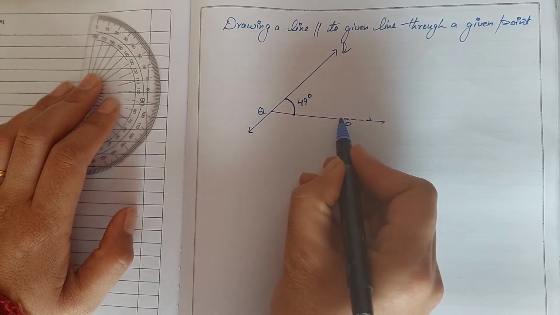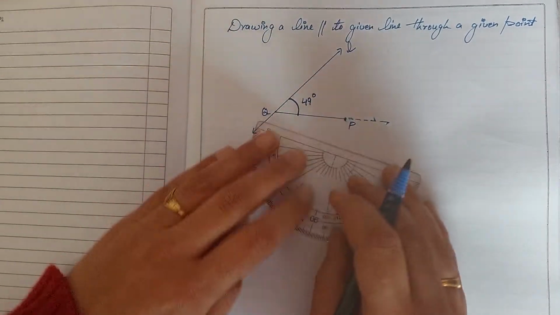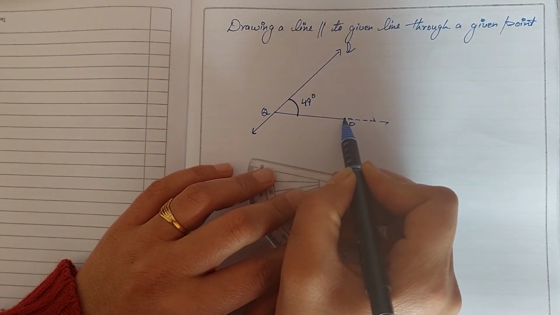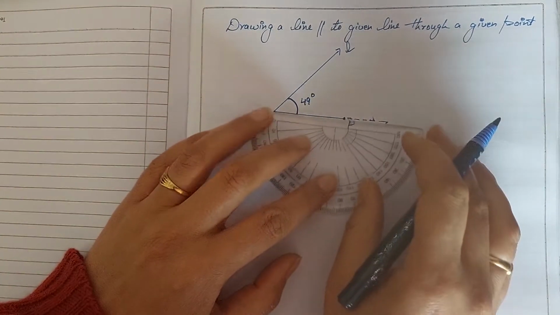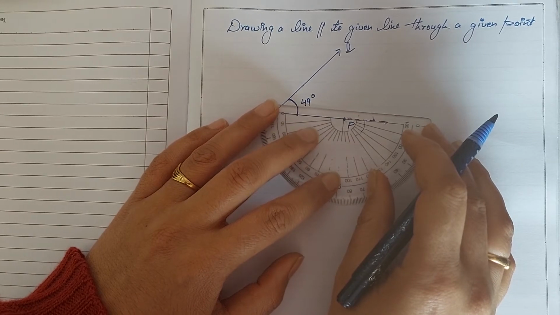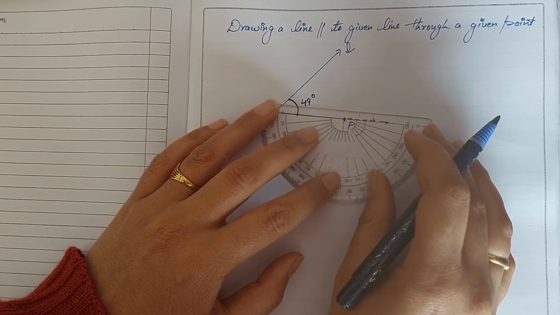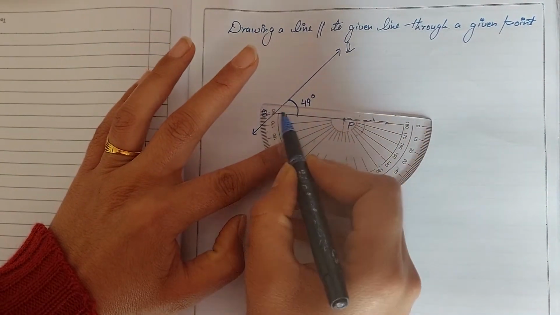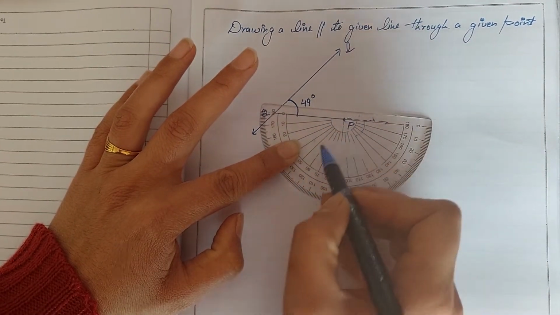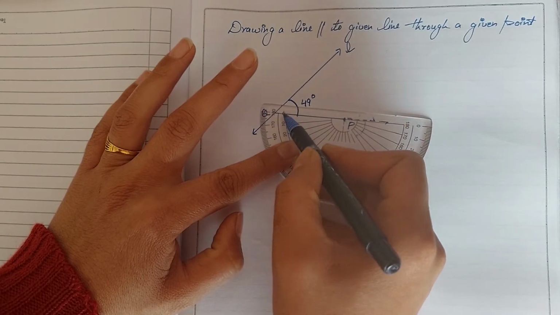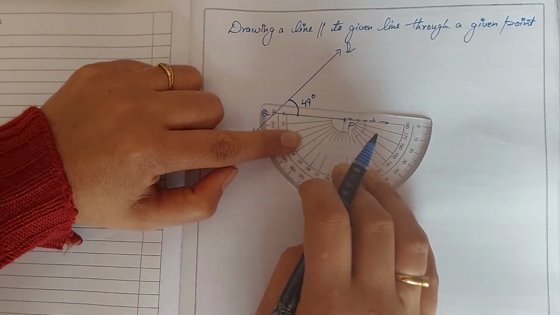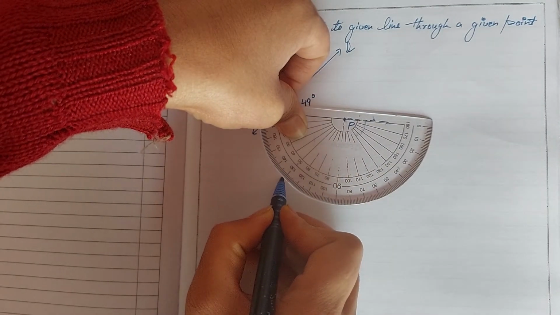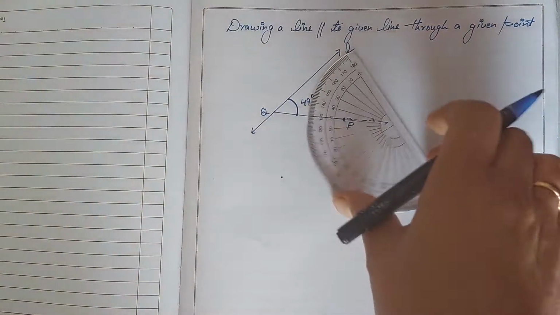I'm going to make the same angle at point P. This is one of the arms of the angle, the transversal, and the other arm I'm going to make. Because the arm is here and the angle starts from here, I'll follow the lower scale on this side: 0, 10 and so on, 40, 50, and this is going to be 49 here.